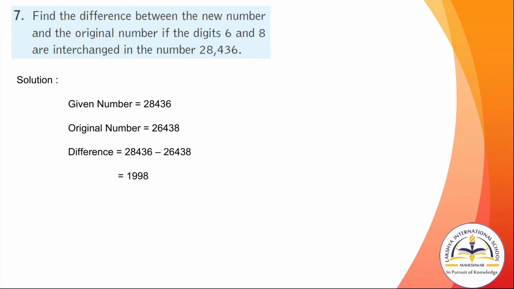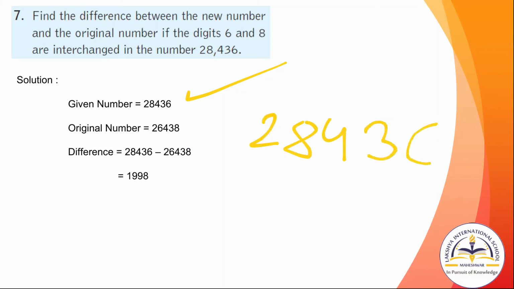So we will get our answer. Now question number 7, find the difference between the new number and the original number if the digits 6 and 8 are interchanged in the number. So given number is this one, 28436. Now we have to replace 6 and 8.